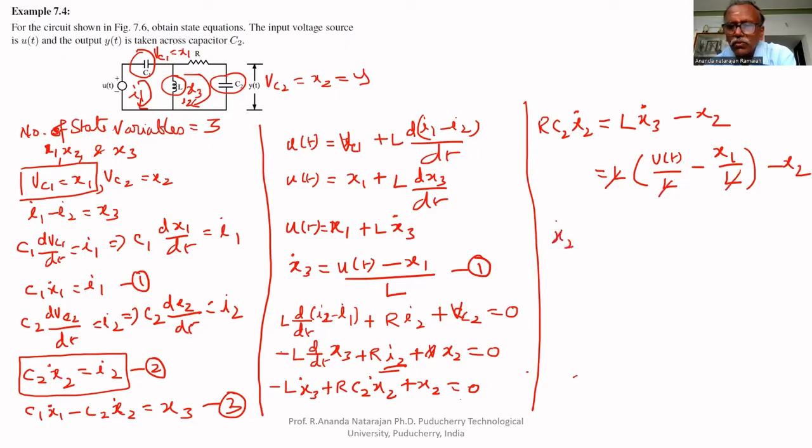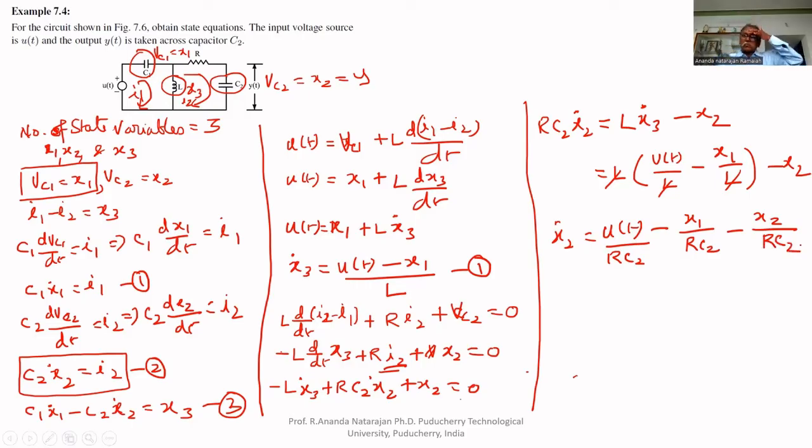Therefore, x2 dot equal to u of t divided by RC2 minus x1 divided by RC2 minus x2 divided by RC2. This is the equation for x2 dot.